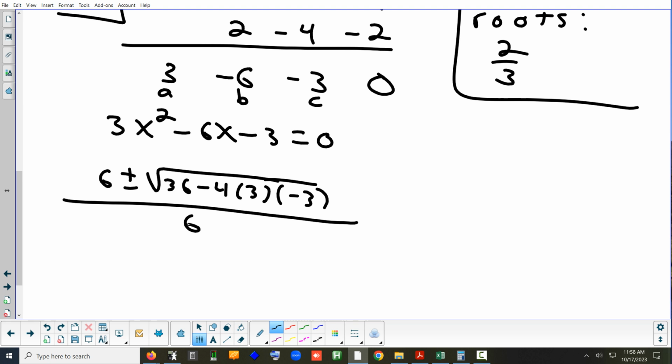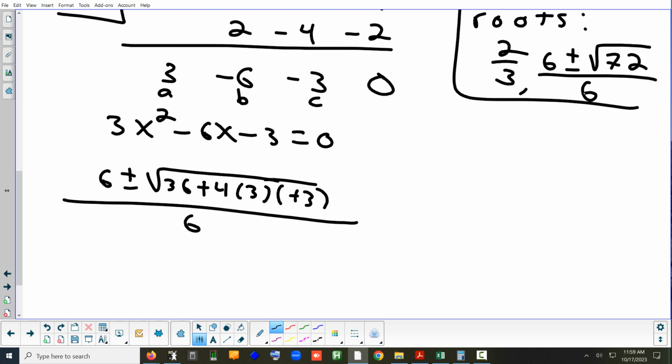You're going to be subtracting a negative, so that's going to turn positive. What's 4 times 3? 12, times 3 is 36. So it's 36 plus 36, which is 72. So the other roots are 6 plus or minus square root 72 over 6.